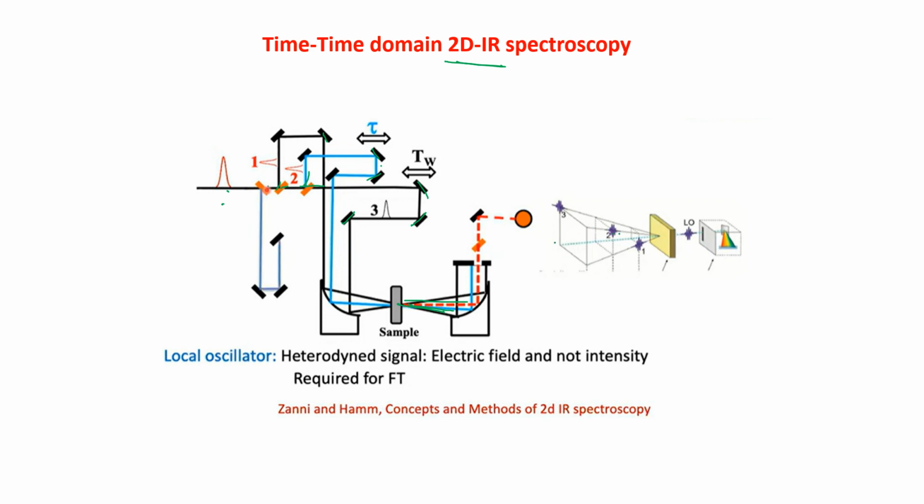And the dotted beam is the wave vector sum of the individual beams 1, 2, and 3.